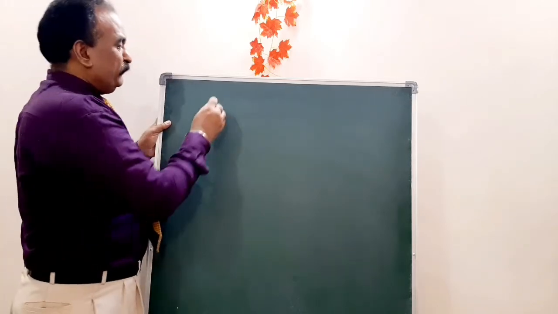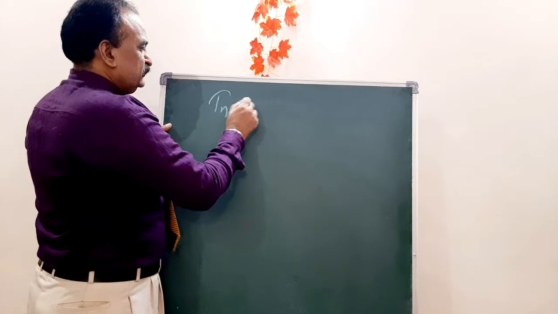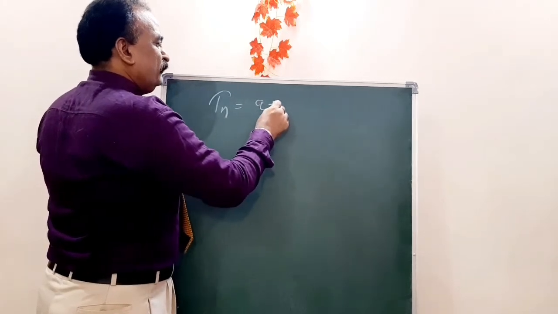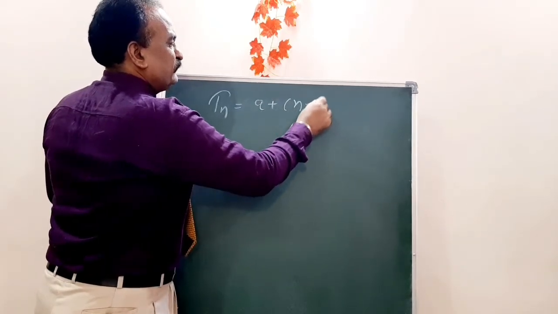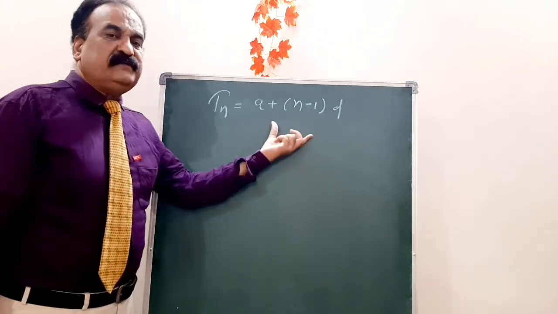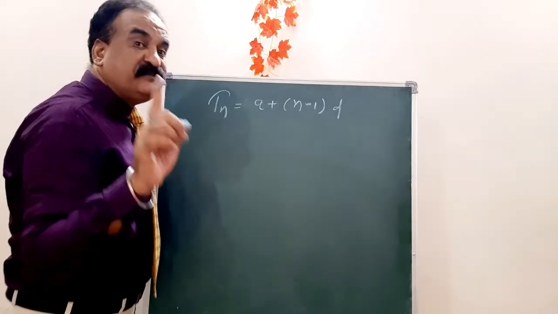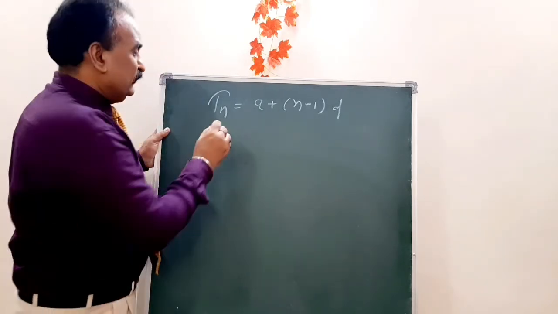Now I am just telling you the formula. Tn is equal to A plus n minus 1 into d. Try to understand the meaning of this. Tn means the last term, or you can say L also.